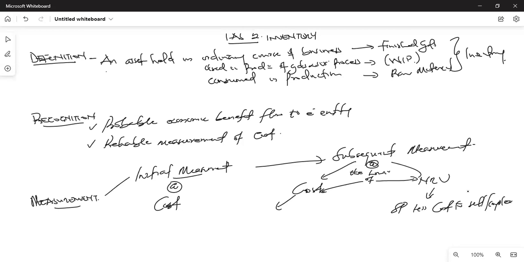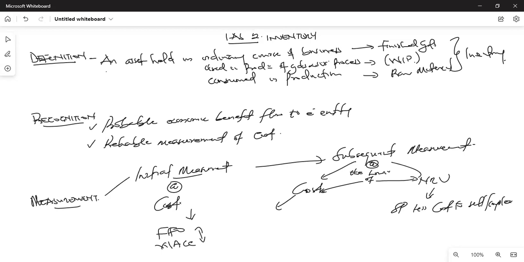All right. Okay. So that is that. One thing you need to also appreciate is that for valuation of cost, the standard has restricted us to FIFO and weighted average cost. You can change from one to the other, but remember it should be accepted by the standard.